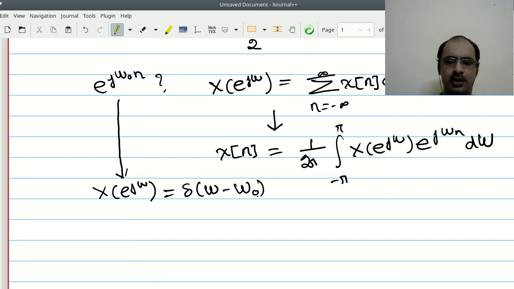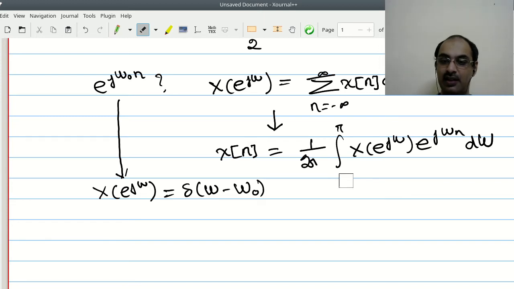But there is a slight mistake over here, because we said that the DTFT is actually periodic with period 2 pi. If you plug this in here, it will work, but this will work for any limits.